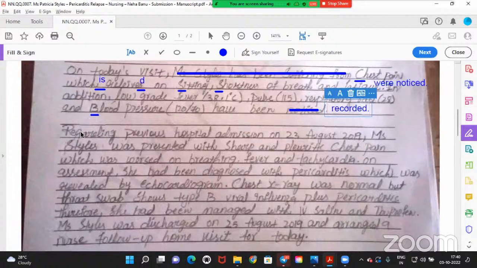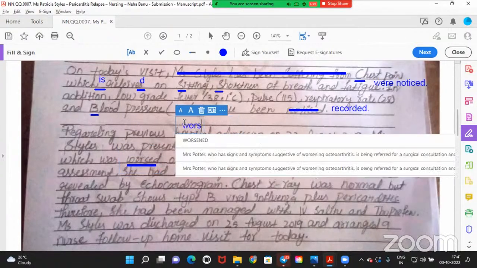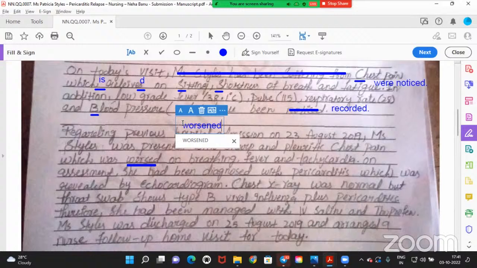Okay. Regarding previous hospital admission on 23 August 2019, Ms. Stiles was presented with sharp and pleuritic chest pain, which was worsened on breathing. Worsened. Spelling mistake. W-O-R-S-E-N-E-D. Worsened. On breathing. Fever and tachycardia.